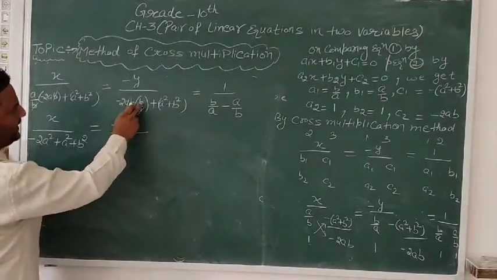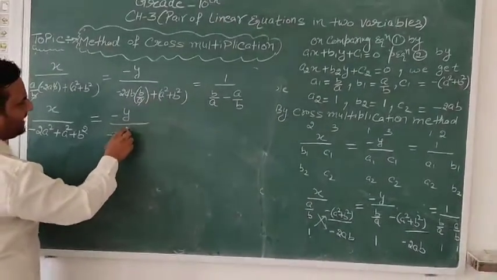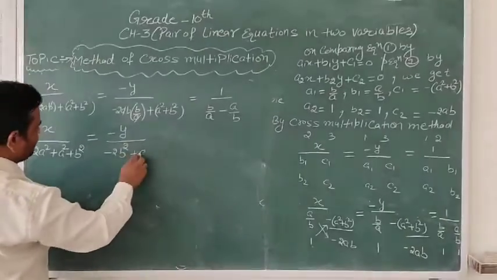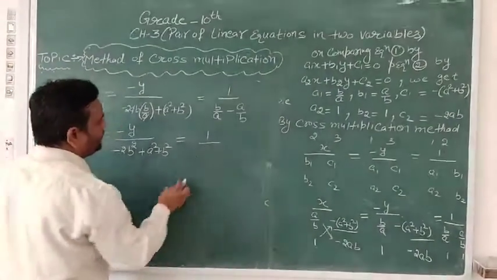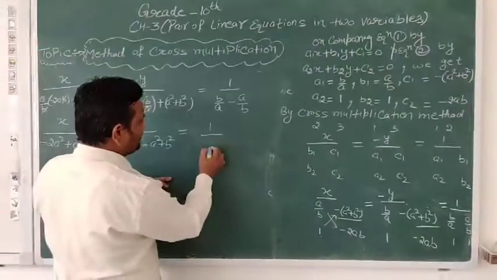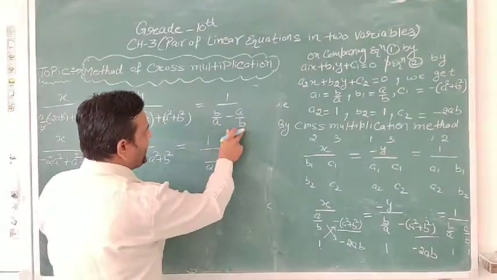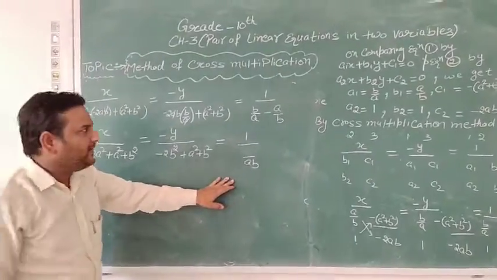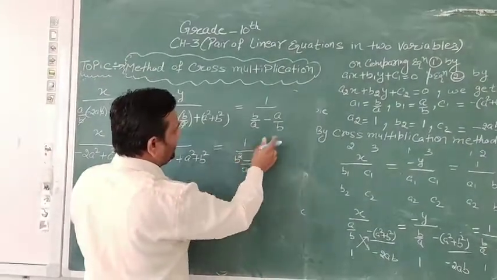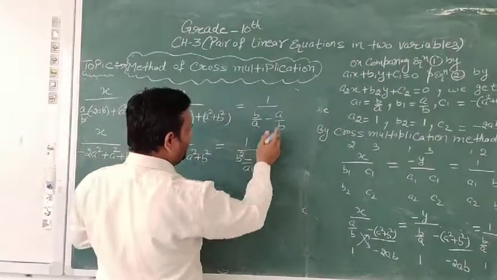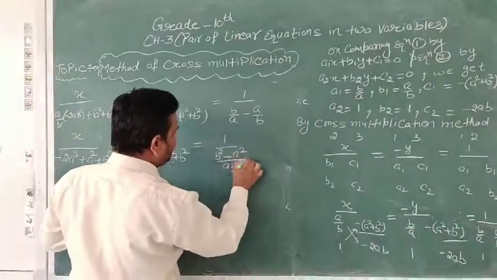So minus 2b into b, we are left with minus 2b square plus a square plus b square, which further equals 1 upon. Here we have to use the LCM process. LCM is ab. So here is a, b is not. So b into b, b square, minus here is b not a. a into a, students, a square.